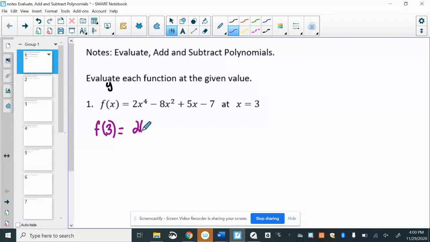So we're going to have 2 times 3 to the 4th power minus 8 times 3 squared plus 5 times 3 minus 7. Like I said, anywhere you see an x is where we're going to substitute in a 3.